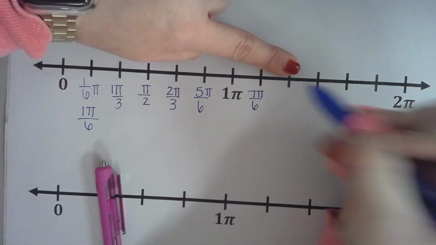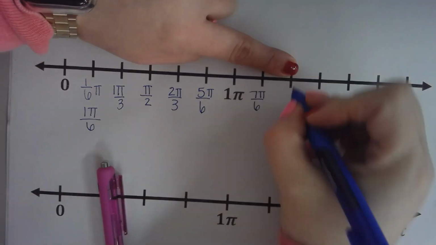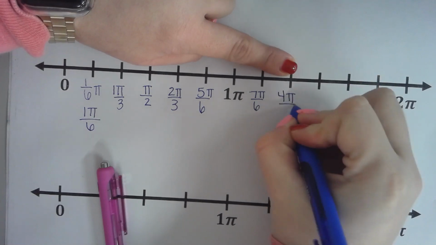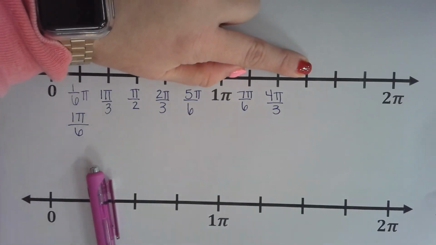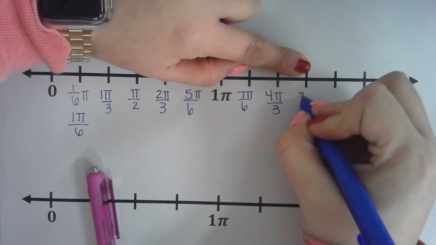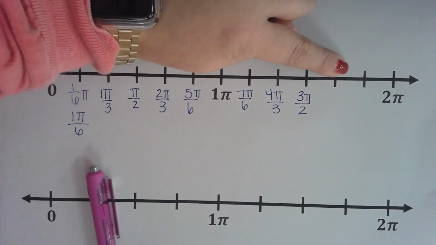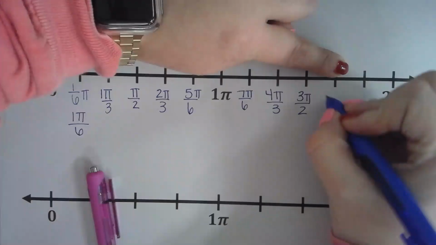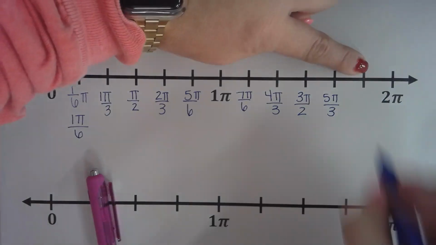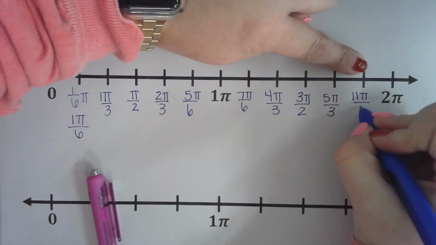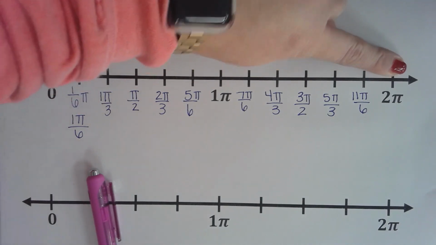And then 8 pi over 6, which simplifies to 4 pi over 3. And then 9 pi over 6, which simplifies to 3 pi over 2. And then 10 pi over 6, which simplifies to 5 pi over 3. And then 11 pi over 6. And then 12 over 6 would be 2 pi.